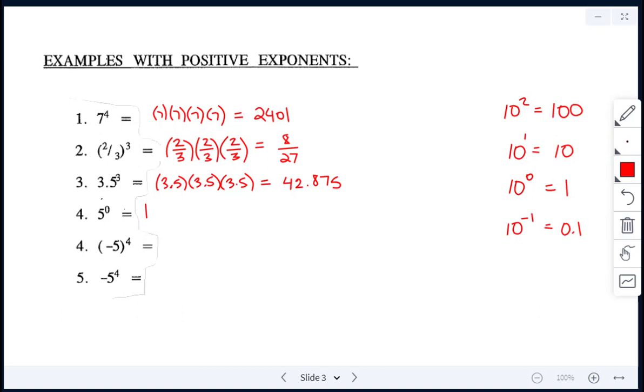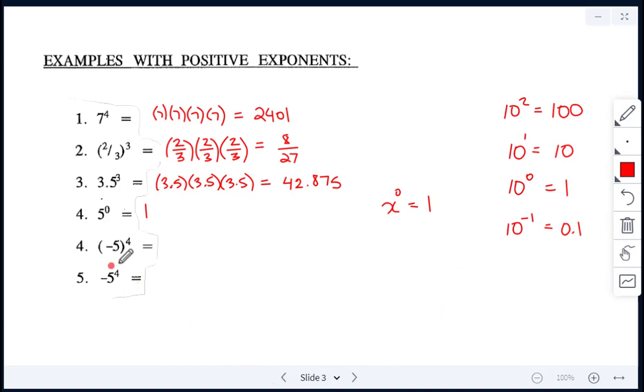Just to reiterate, a power of 0 or an exponent of 0 will always be equal to 1. So if we had x to the power of 0, x can be anything, we can put anything here for x, it will equal 1.